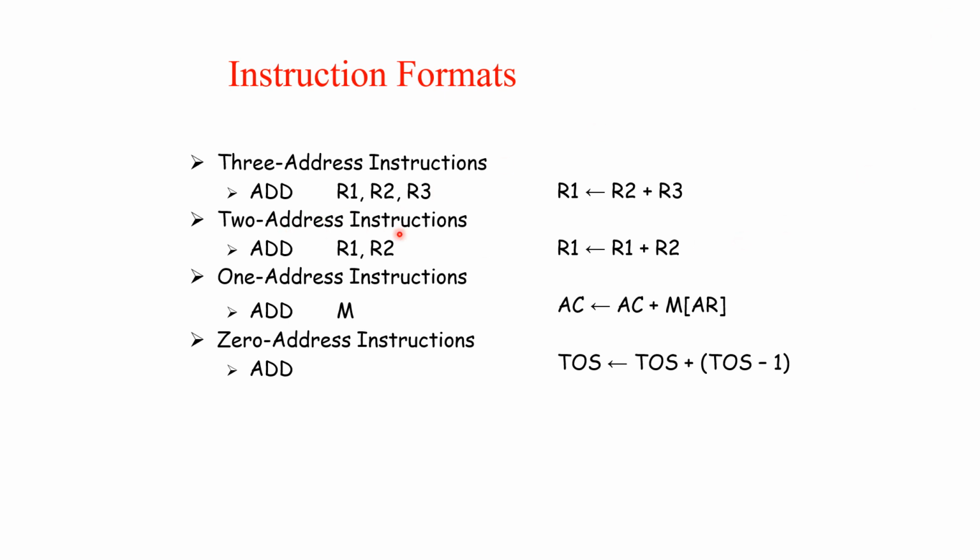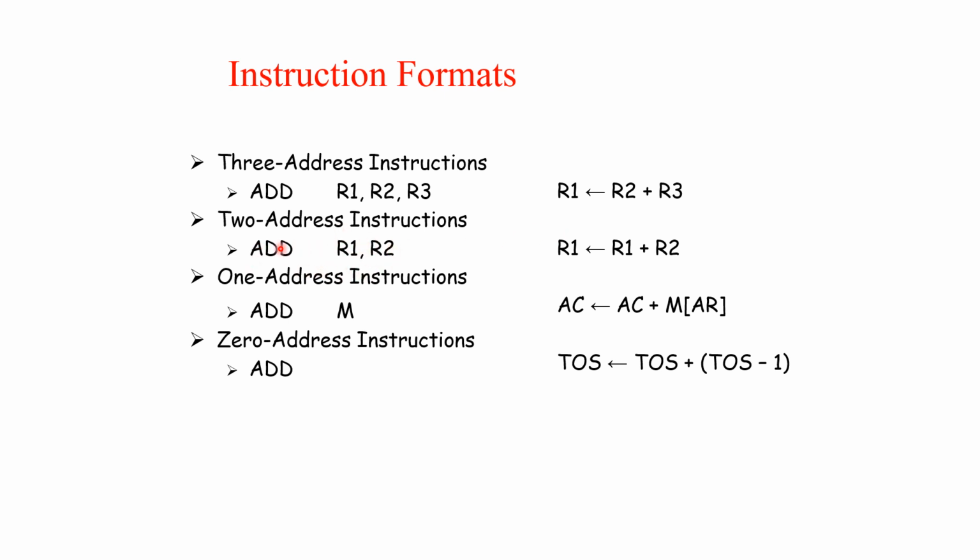Two address instructions. Two address instructions are more straightforward but less flexible. They use two operands where one of the operands serves as both a source and a destination. The result of the operation overwrites one of the original operands.